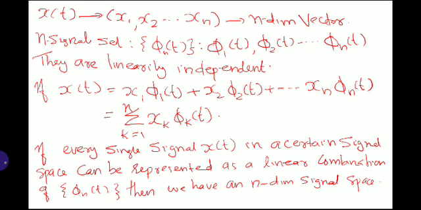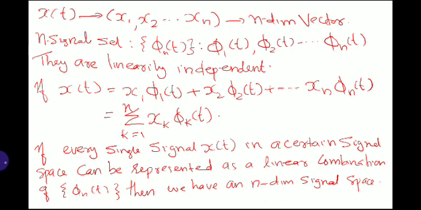So this is similar to our normal coordinate system where a vector is represented as a combination of some basis vectors, like we have seen 3i plus 4j plus 5k, that is the point 3 4 5 in the 3D space. The vector 3i plus 4j plus 5k is the point 3 4 5 in the 3-dimensional space.